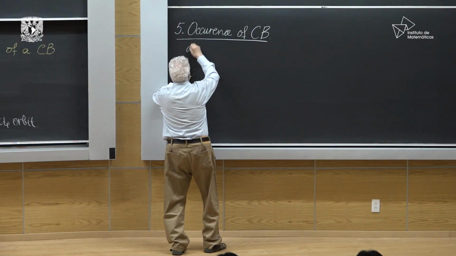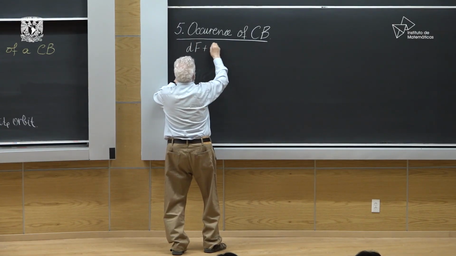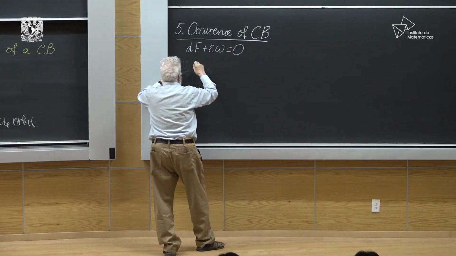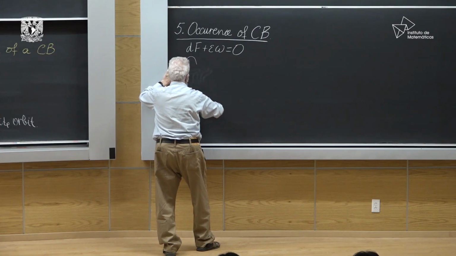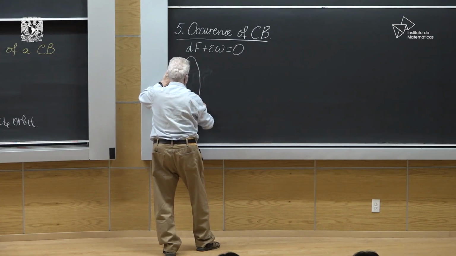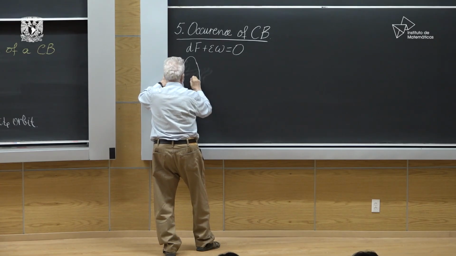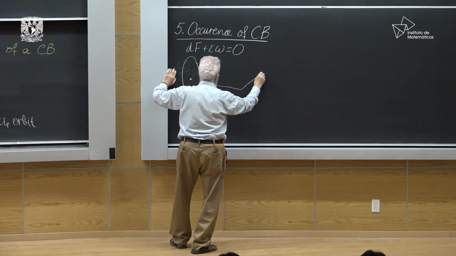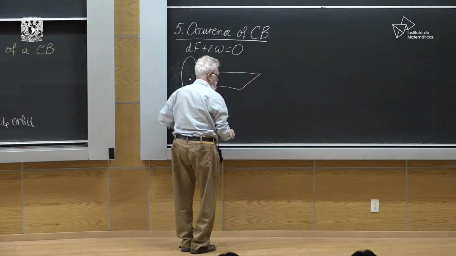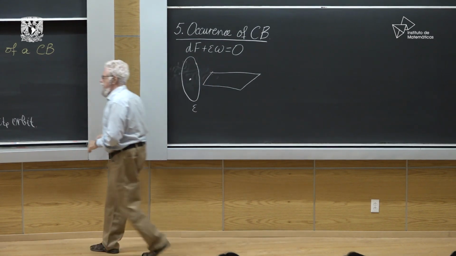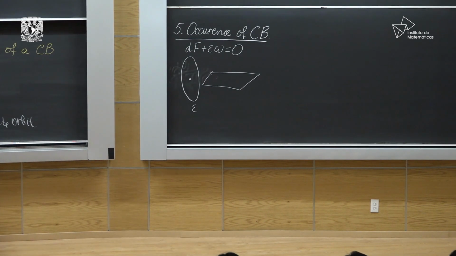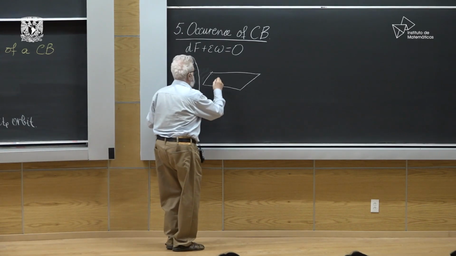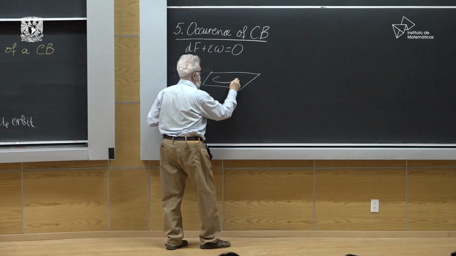We are still considering our family of equations. We have this epsilon parameter curve. We have the Hamiltonian equation here.